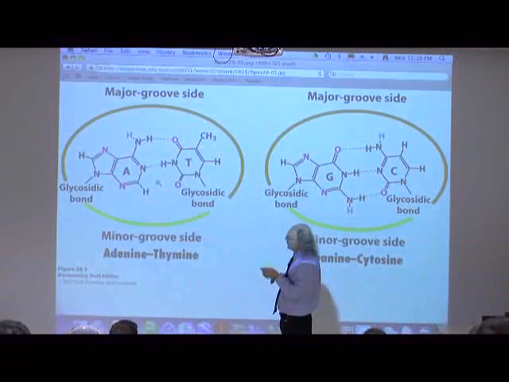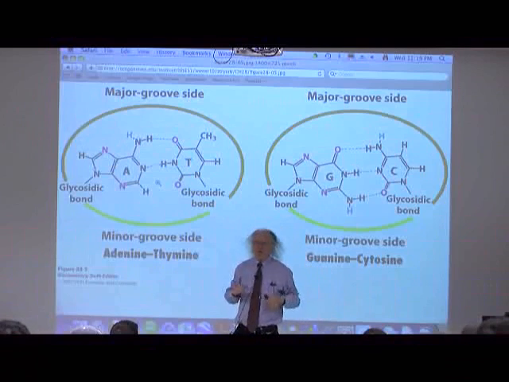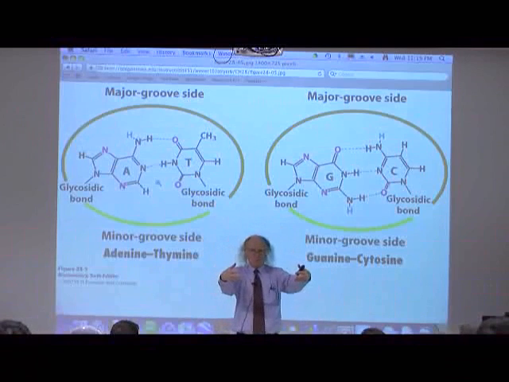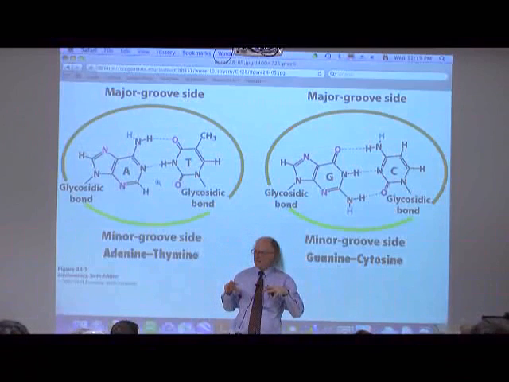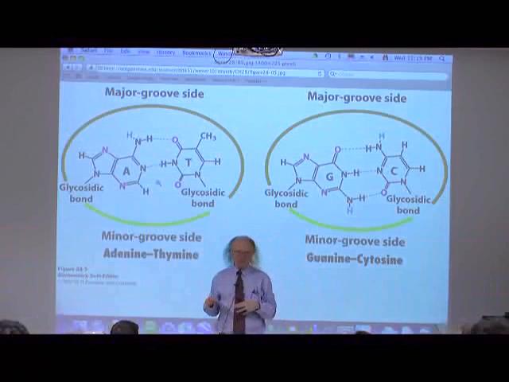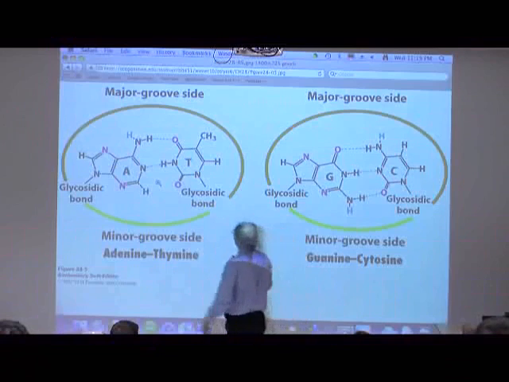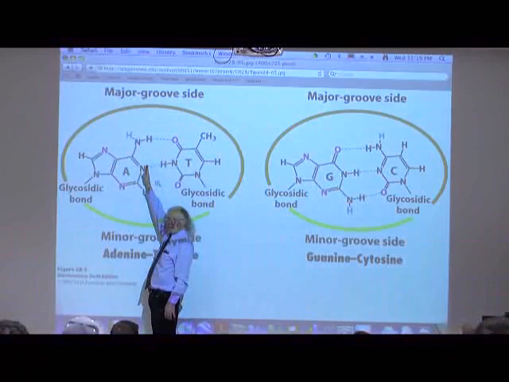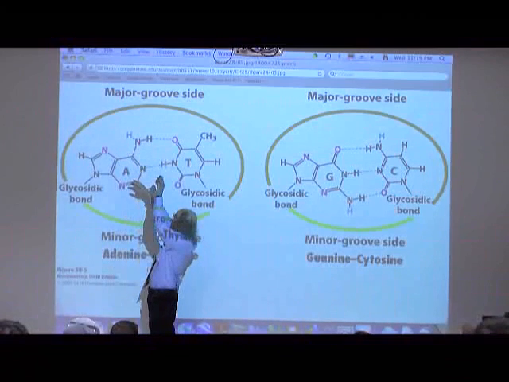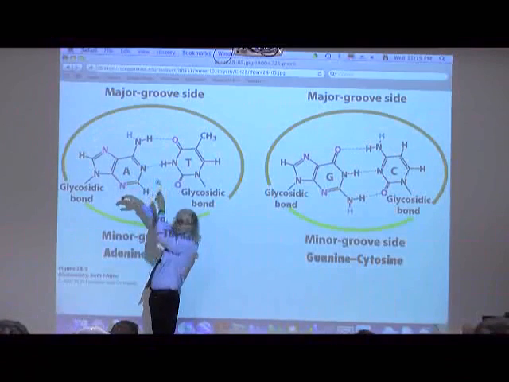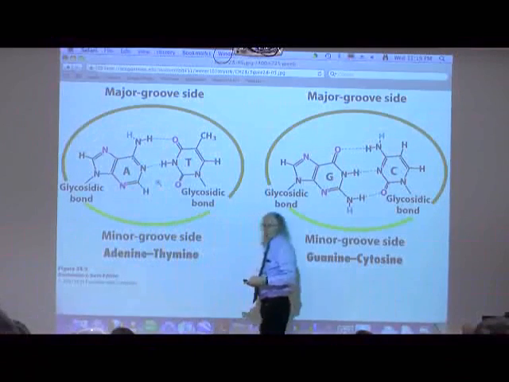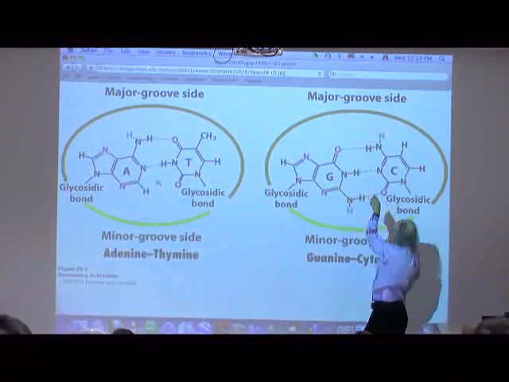These other things that can give rise to hydrogen bonds on the outside of the groove allow proteins to, quote, read them. So a protein that binds to a specific sequence doesn't have to get in the middle of this thing to figure out where it's at. It has to read either on the major groove where the hydrogen bonds are, or on the minor groove.